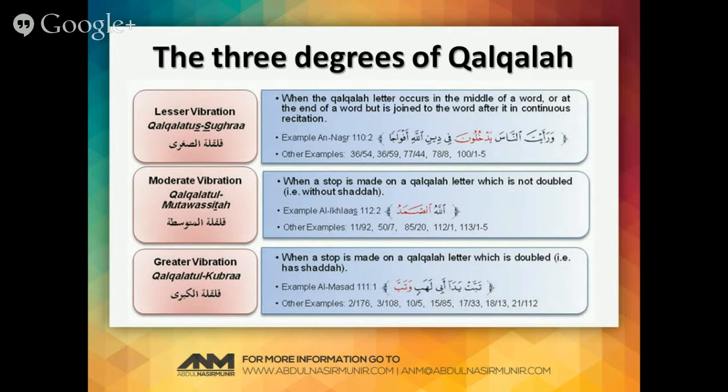It will have a strong qalqala: wa tab. When I'm stopping, I will not read the fatha. I won't say wa tabba. I can say that if I carry on reciting to the next ayah. If I stop, I will say watab. So there's a strong qalqala there.